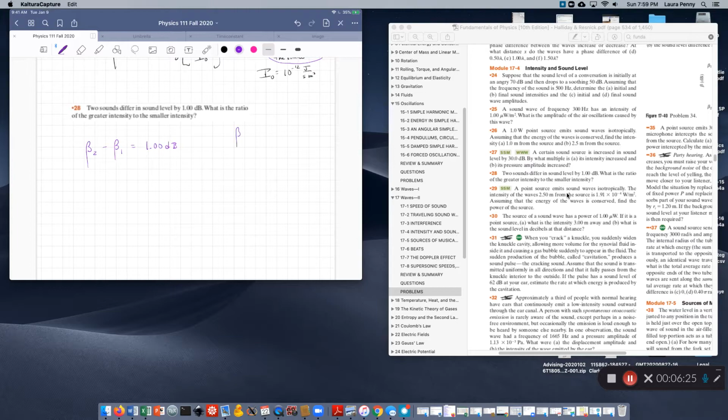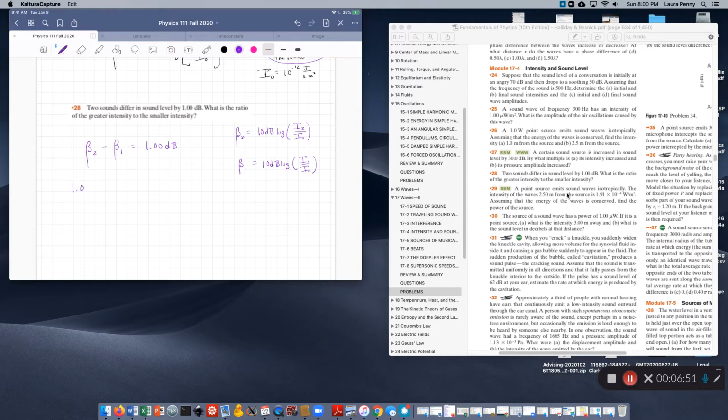Well, sound level 2 should be 10 decibels log of I2 over the reference intensity I0, and similarly for 1, I1 over I0.